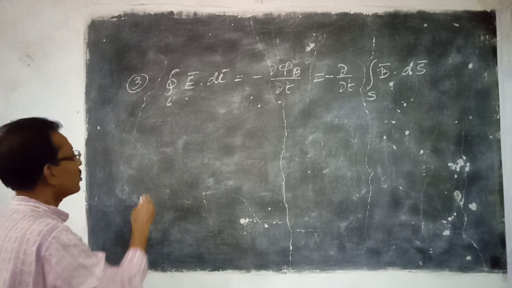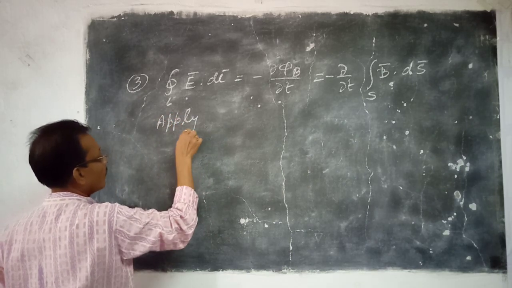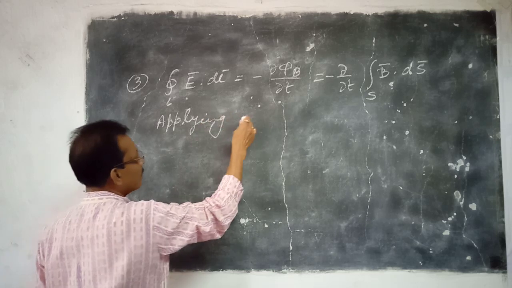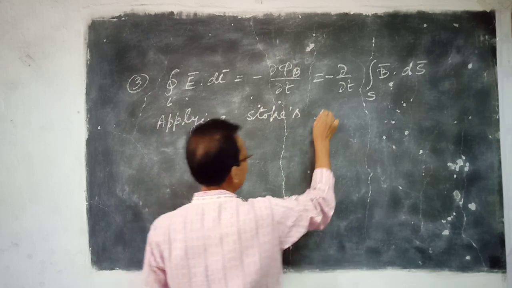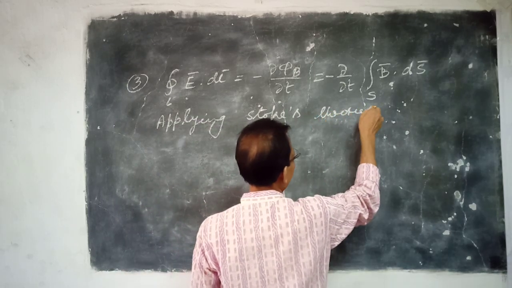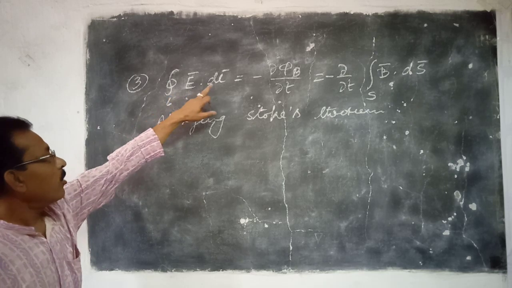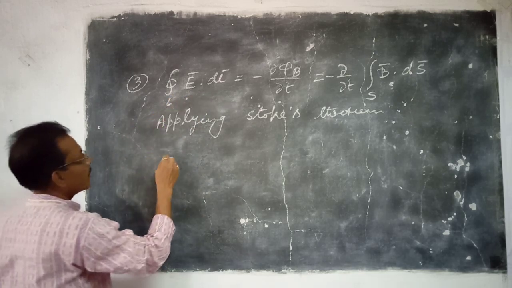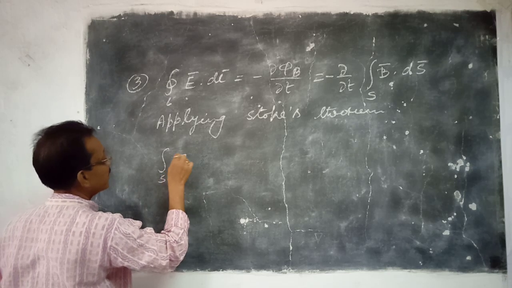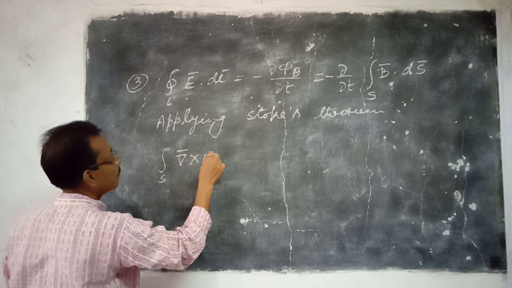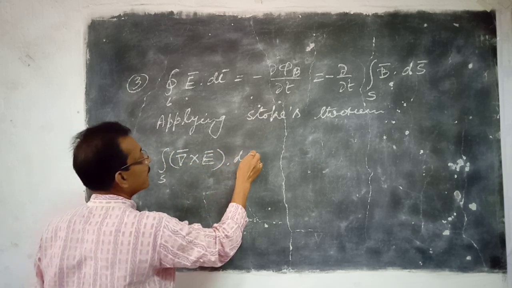Now we use the Stokes theorem. Applying Stokes theorem, a closed line integral of E will be converted into a surface integral of the curl of this vector E, curl of E dot dS.